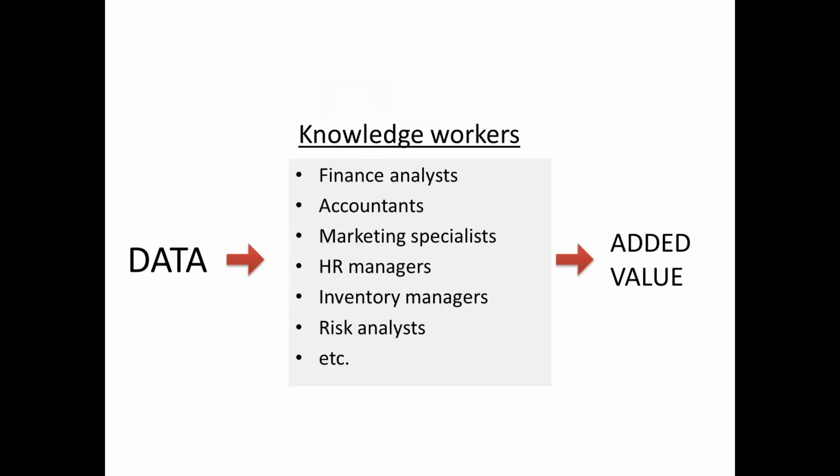Typically it's the type of people who work heavily with the data. It can be finance analysts, accountants, people who are busy with marketing, HR managers, inventory managers, and so on. So these people have a lot of data to analyze, and they have a lot of data to consume.